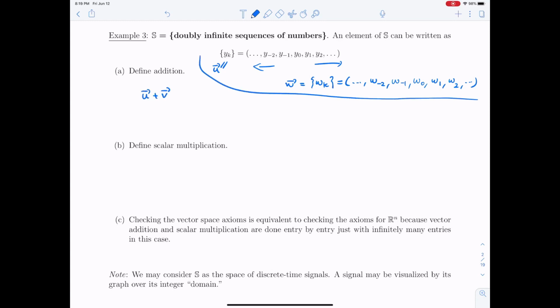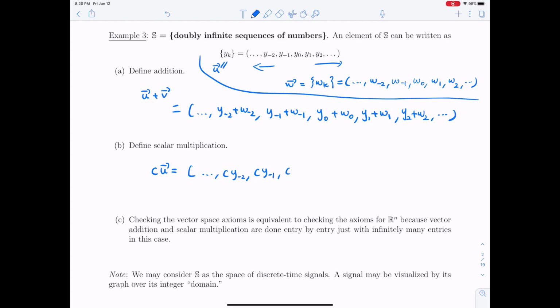Well, we can define u plus w as y sub -2 plus w sub -2, comma, y sub -1 plus w sub -1, comma, y sub 0 plus w sub 0, and so on. And we can also define the scalar multiplication by c times y sub -2, c times y sub -1, and so on.